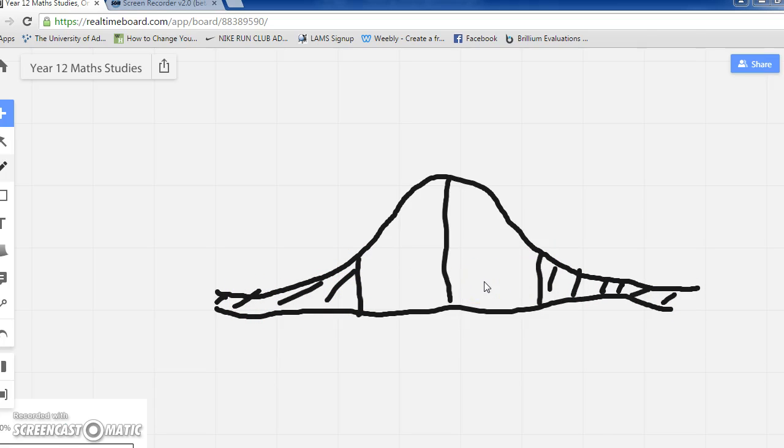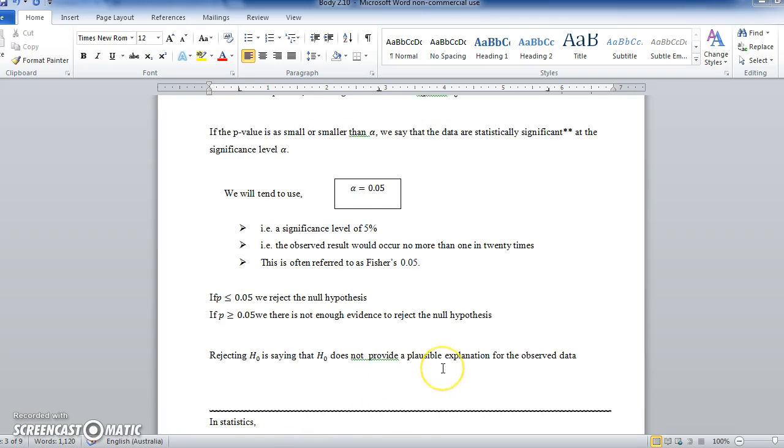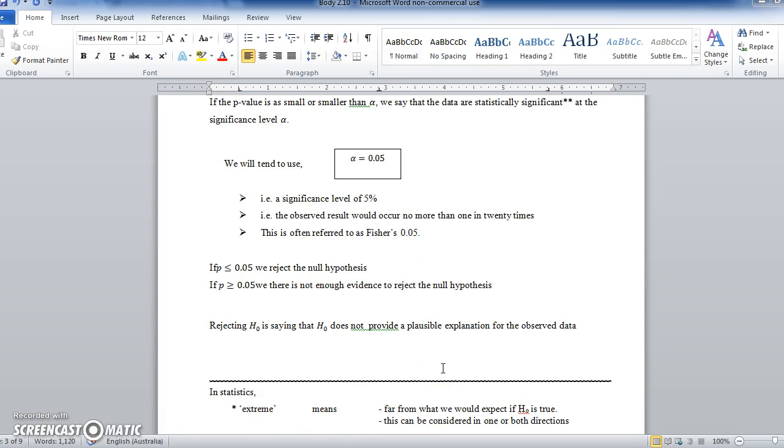So that tells us that this mean doesn't give us a plausible explanation for why we observed the mean of our sample here, and so on the basis of that we reject the null hypothesis. And then if it's greater than or equal to 0.05, there's not enough evidence to reject the null hypothesis.